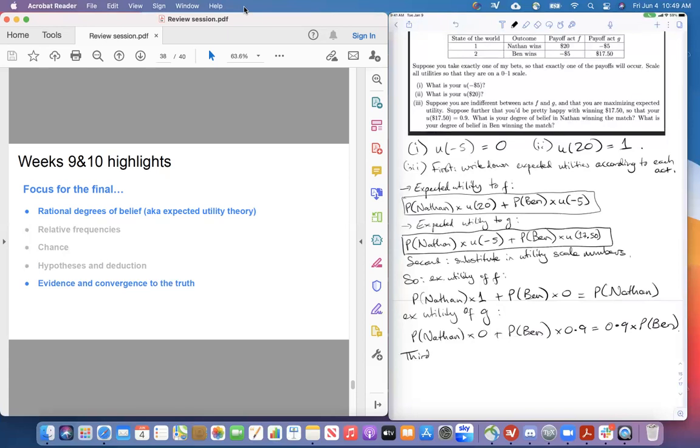Third thing you do is use the representation theorem. That allows you to solve these questions. The focus, of course, in those videos was applying these theorems.